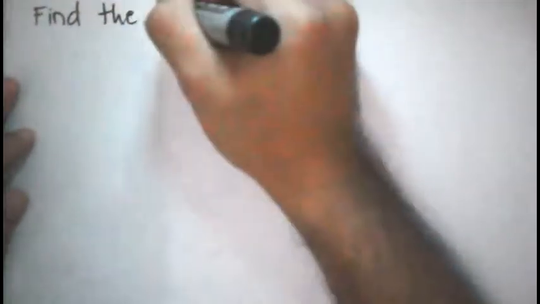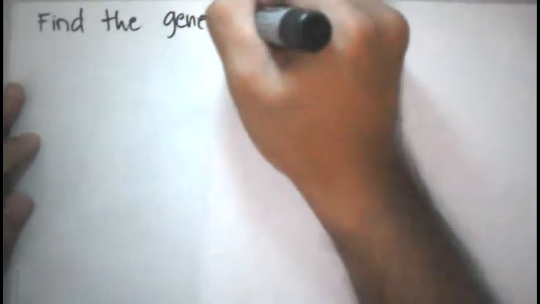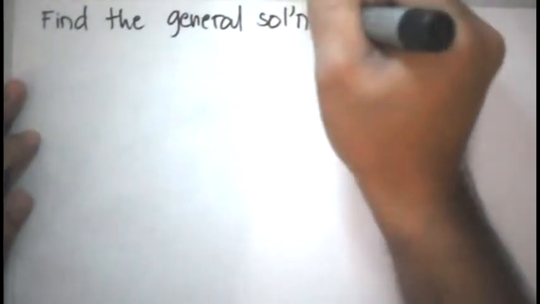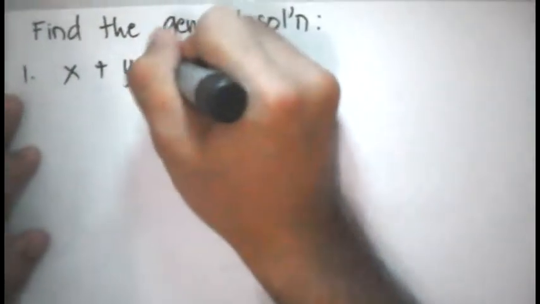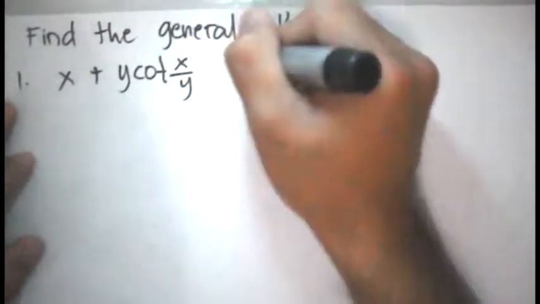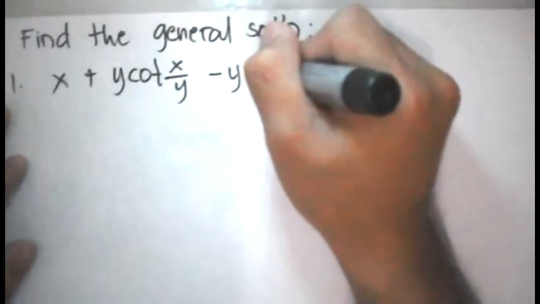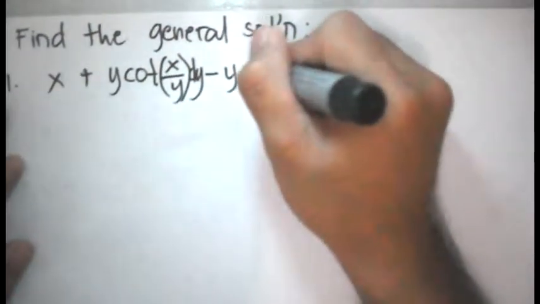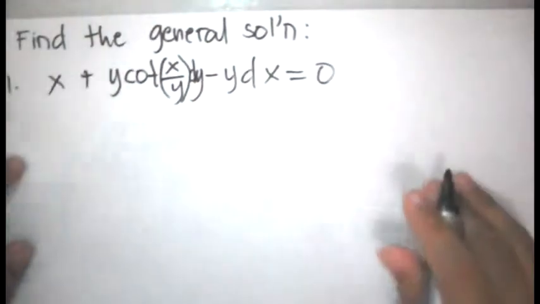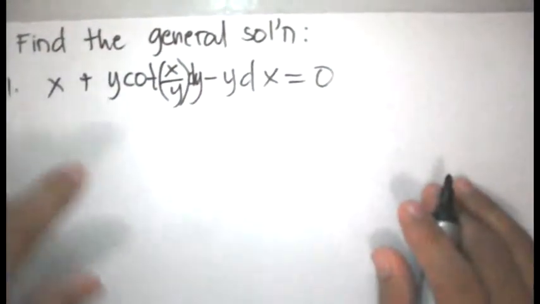So now let's go to an example of a homogeneous differential equation. First, find the general solution of this: (x + y cot(x/y)) dy - y dx = 0.